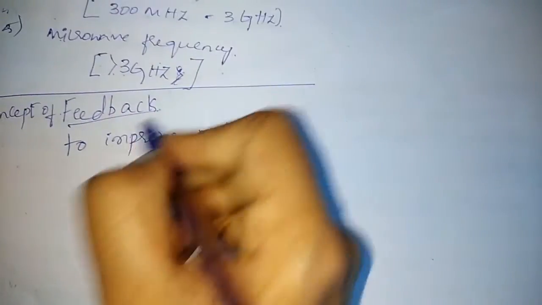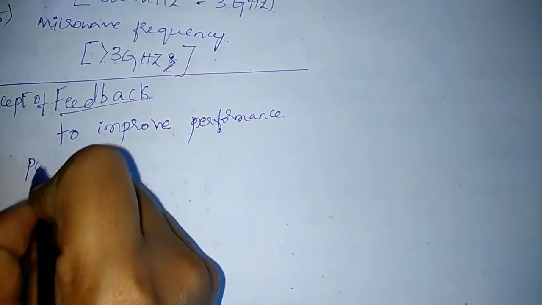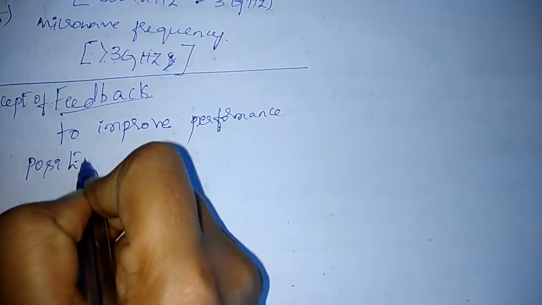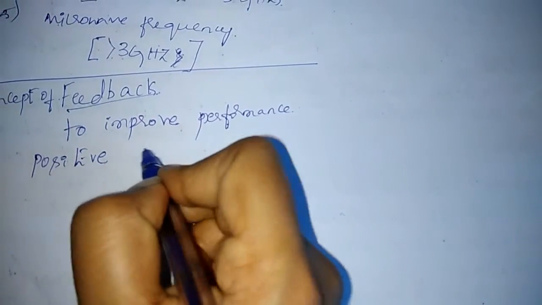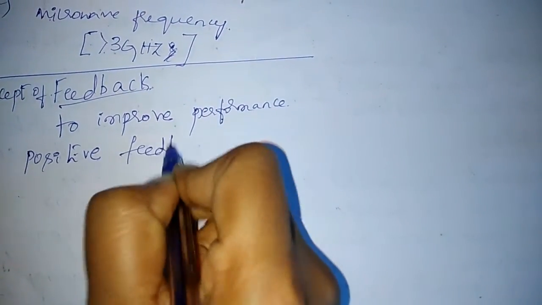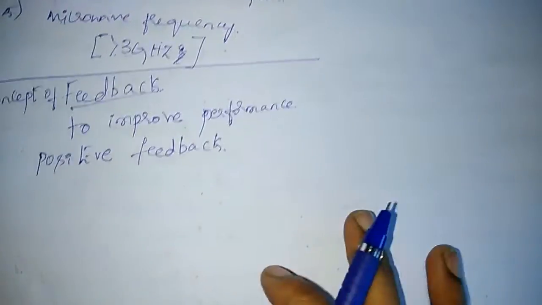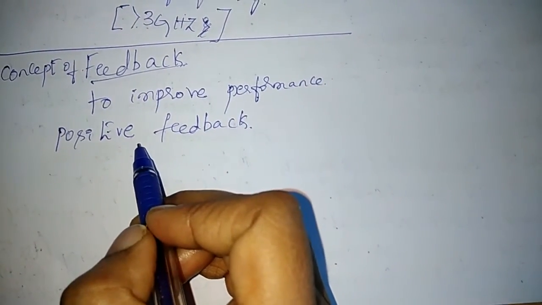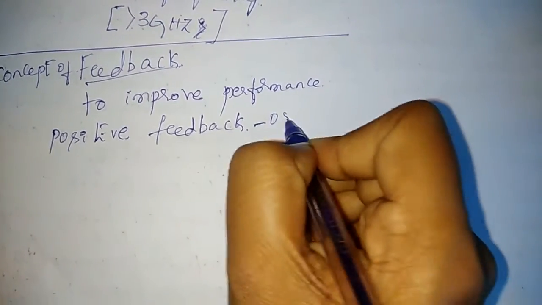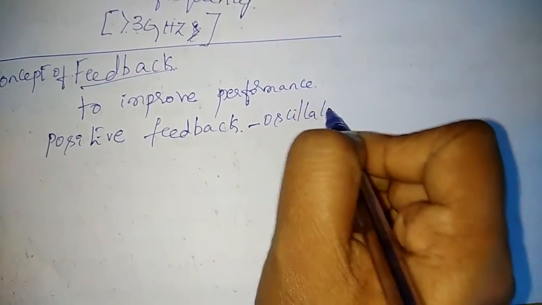Here we are using positive feedback. We had discussed the types of feedback while discussing the amplifier. In the case of oscillators, we'll be using positive feedback, which is used in oscillators. Negative feedback is used in amplifiers.